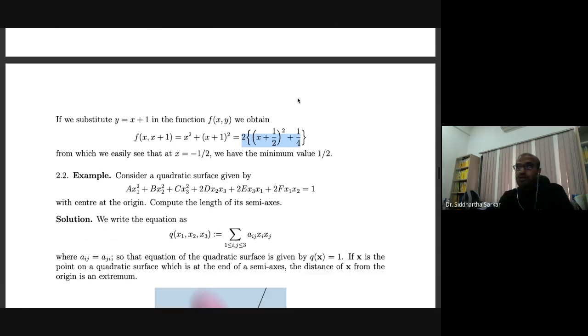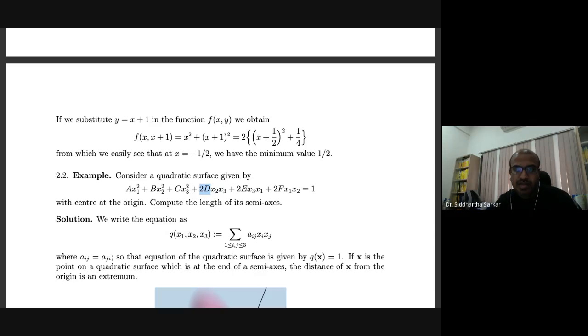So now what I'm going to show you is a problem of determining the length of the semi-axes if you are given some kind of quadratic surface, which is given by this equation. One condition is that I write it nicely in this particular form Q(x1, x2, x3), where I split the cross term d x2 x3 into d x2 x3 and d x3 x2, so that the coefficients a_ij and a_ji are both equal to d, where i is 2 and j is 3.